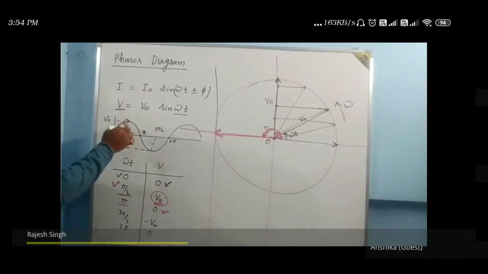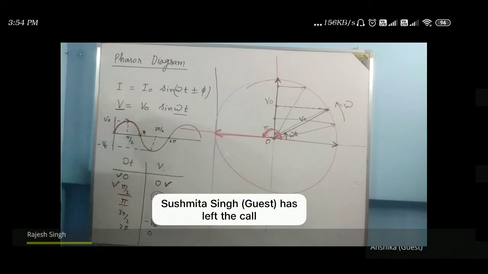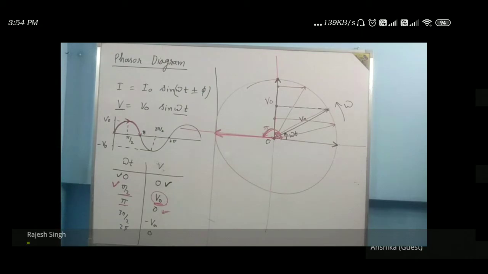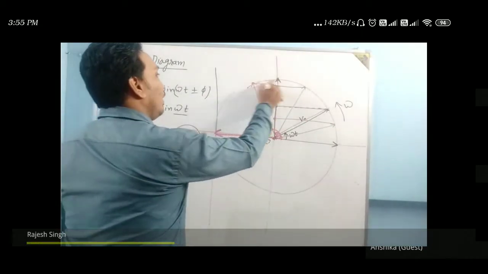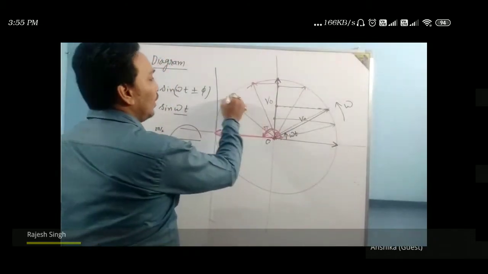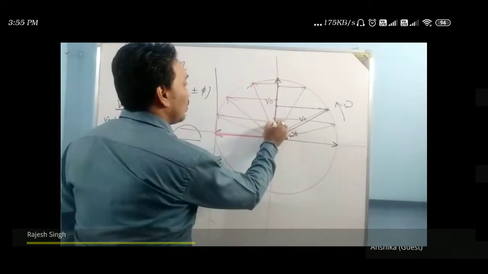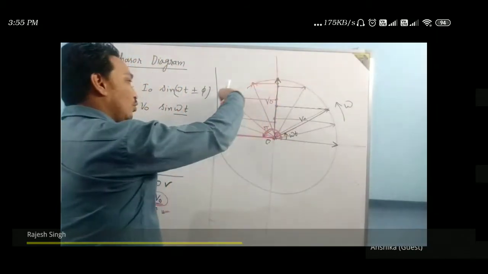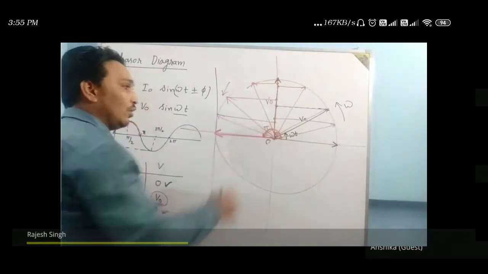And if you see the graph, from pi by 2 to pi the value of V decreases. Is it decreasing? Let us see. If the arrow is here, what is the value of V at this point? Now just see, if the arrow goes down here, the value of V comes down to the origin.